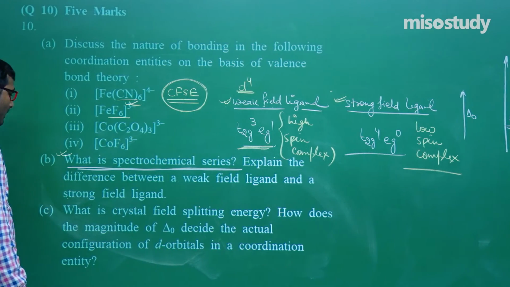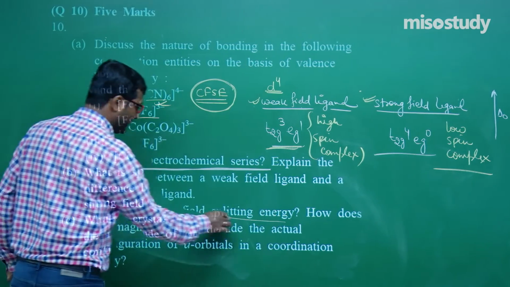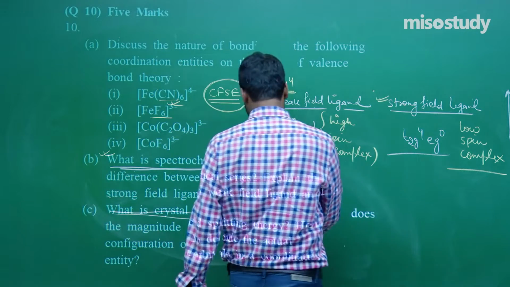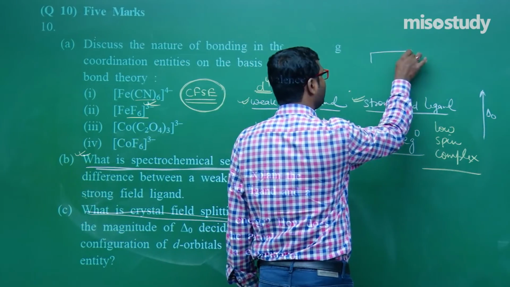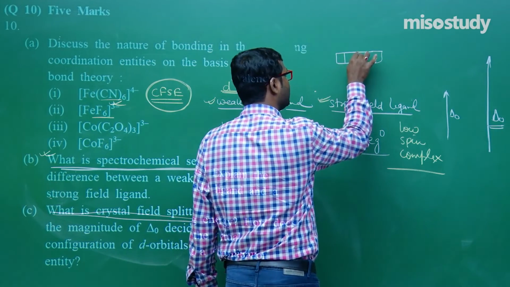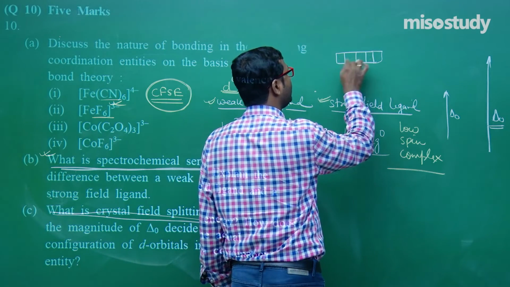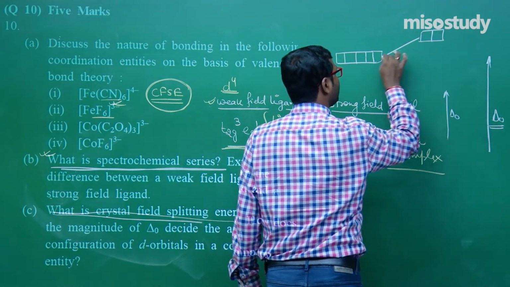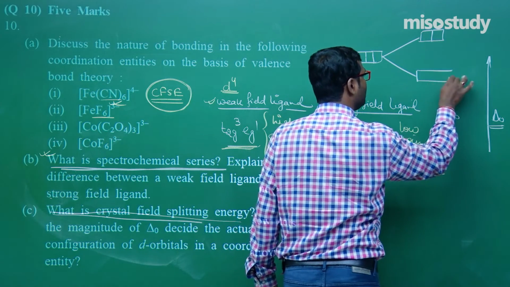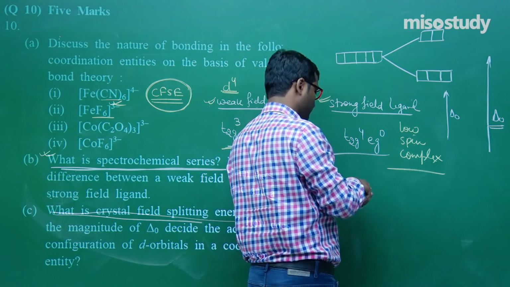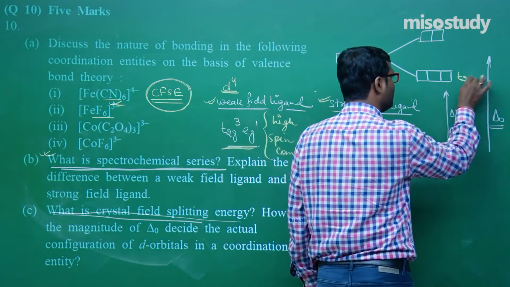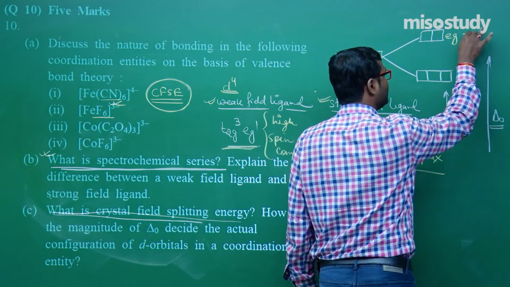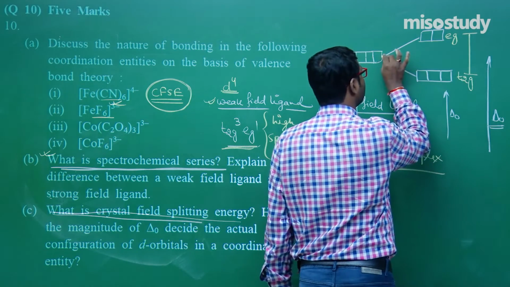Now, what is crystal field splitting energy? As we know, when the d subshell splits due to the presence of ligands 1, 2, 3, 4, 5, it breaks into two parts. The first one is t2g and the second one is eg. eg has higher energy and t2g has lower energy.